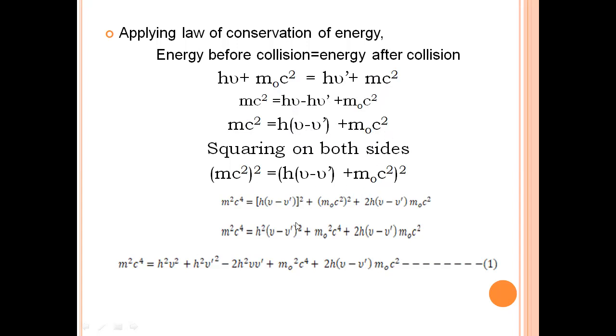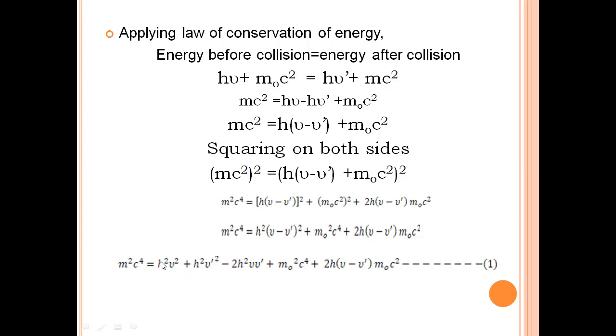Just apply the formula a square plus b square plus 2ab. It will result in the expression m square c power 4 is equal to h square into nu minus nu prime whole square, plus m naught square c power 4, plus 2h into nu minus nu prime into m naught c square. Now just apply the a minus b whole square formula to nu minus nu prime whole square and rearrange the terms. You'll get a formula for m square c power 4.